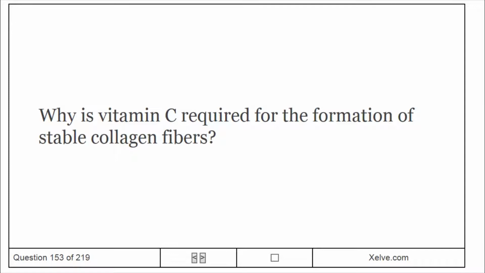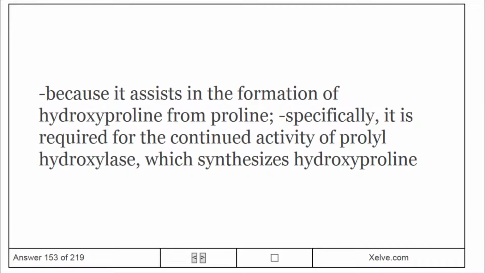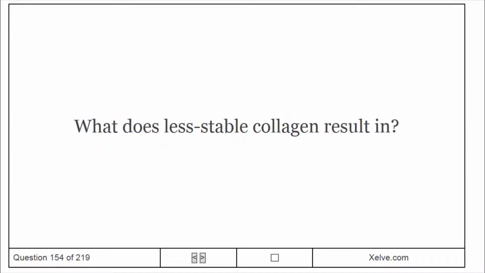Why is vitamin C required for the formation of stable collagen fibers? Because it assists in the formation of hydroxyproline from proline. Specifically, it is required for the continued activity of prolyl hydroxylase, which synthesizes hydroxyproline.